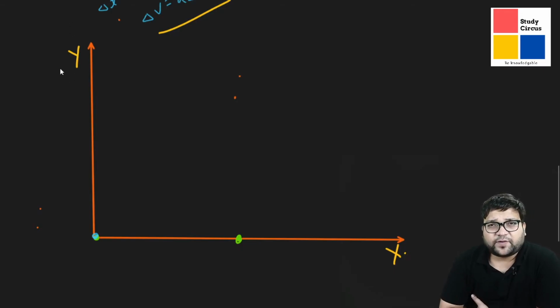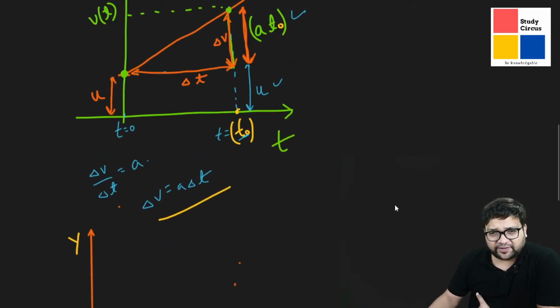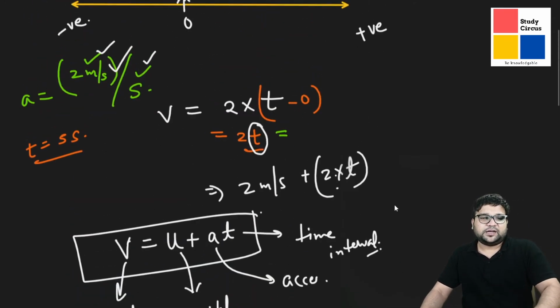We are trying to find out the distance a body travels when moving with constant acceleration. We already have this formula that velocity at any point t is initial velocity plus acceleration into the time interval.